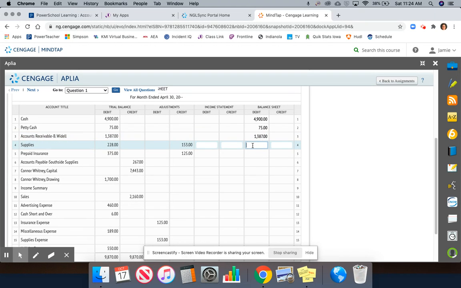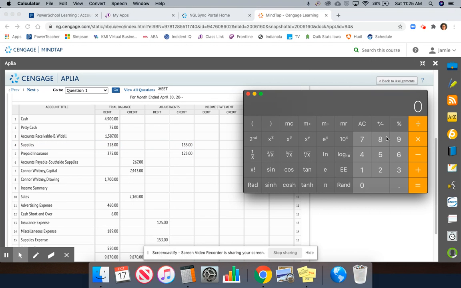Now, when we get to a line that has an adjustment, you need to make sure that that number is adjusted. So we started with $228 of supplies, and we ended with 75. So 228 minus our 153 adjustment gives us our 75.